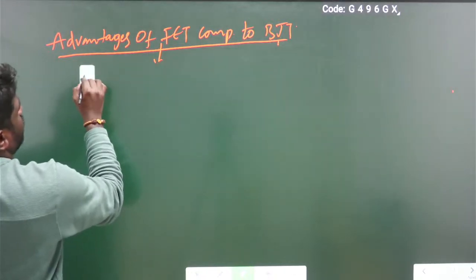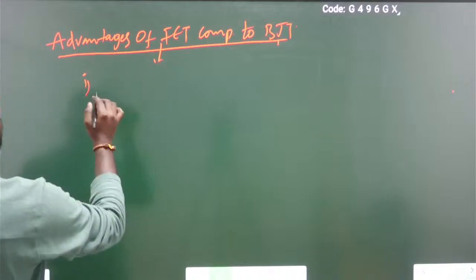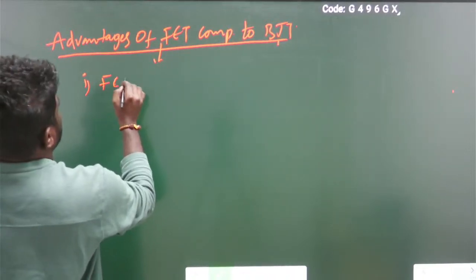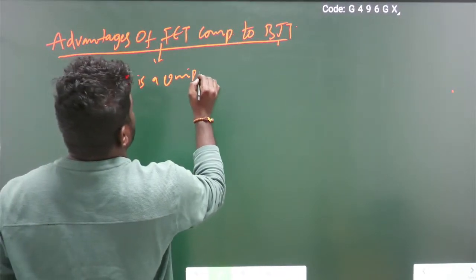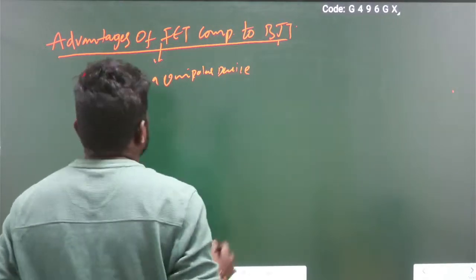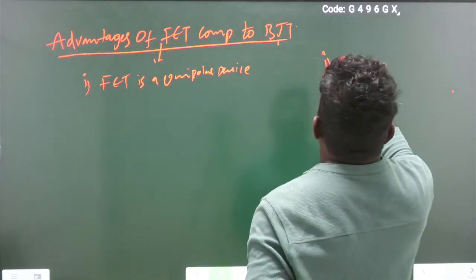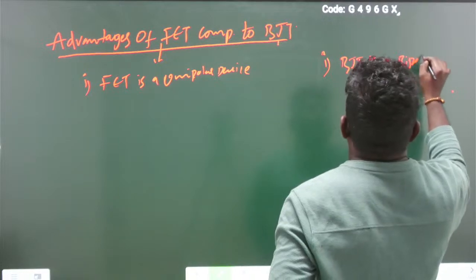So first point is FET is a unipolar here. First point is BJT is a bipolar, okay?